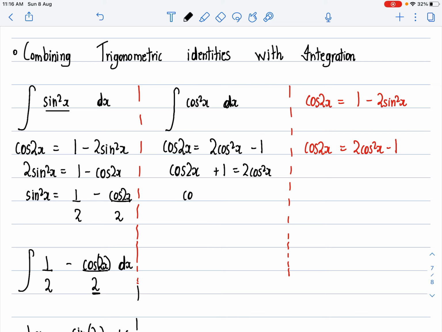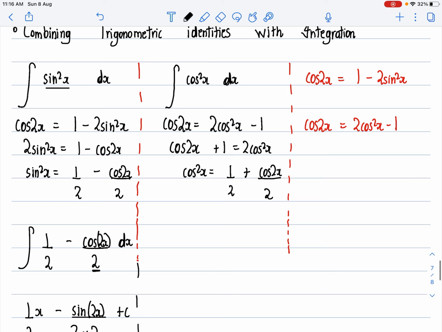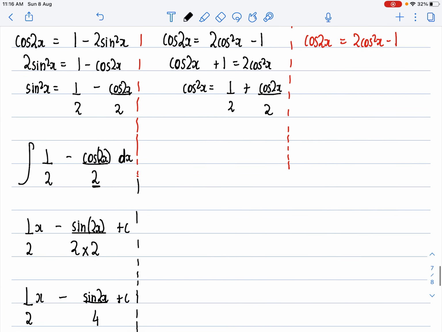So I get my cos square x basically as 1 over 2 plus cos 2x over 2. Agreed? Now what I can do is I can write this as the integration of, in the place of cos square x, I can simply put 1 over 2 plus cos 2x over 2 dx.